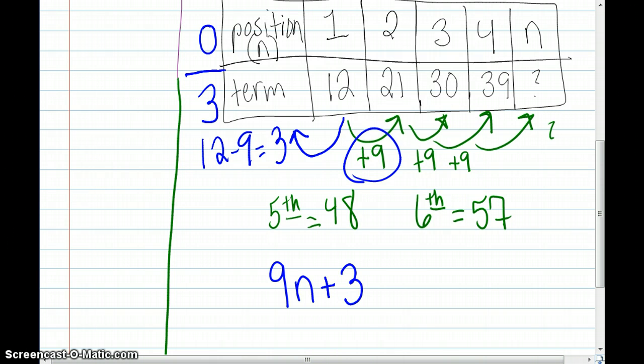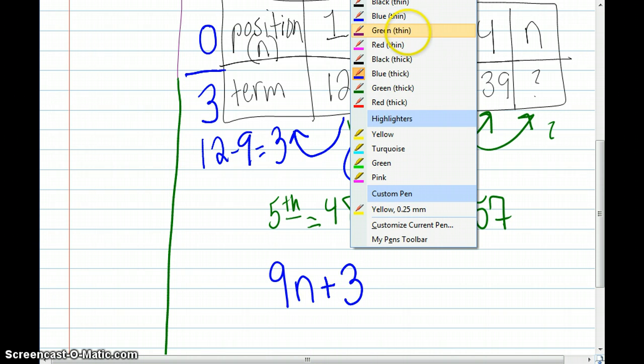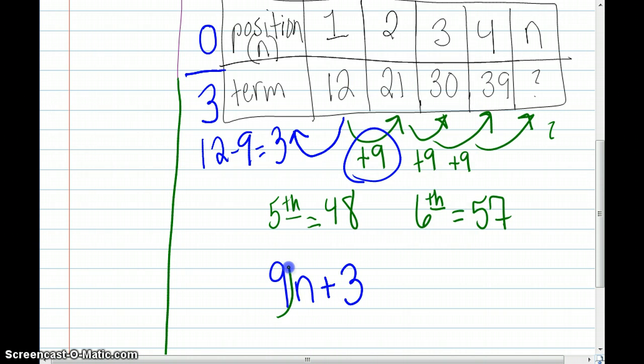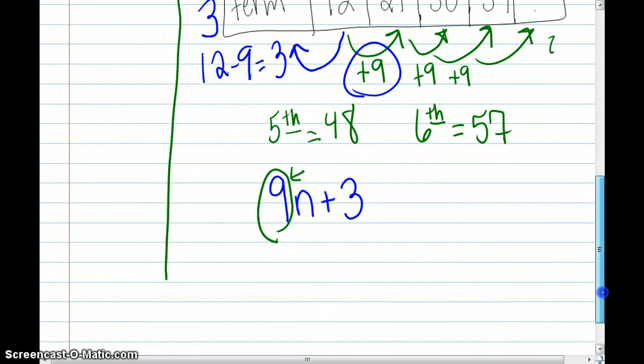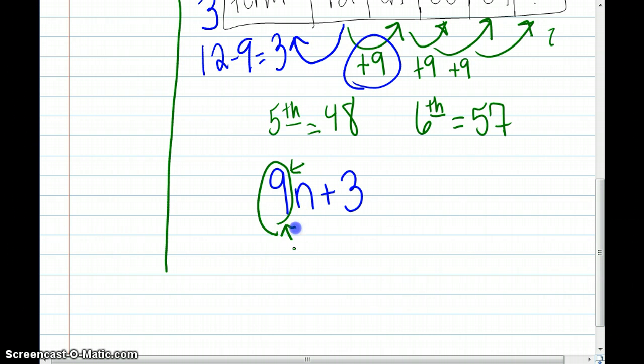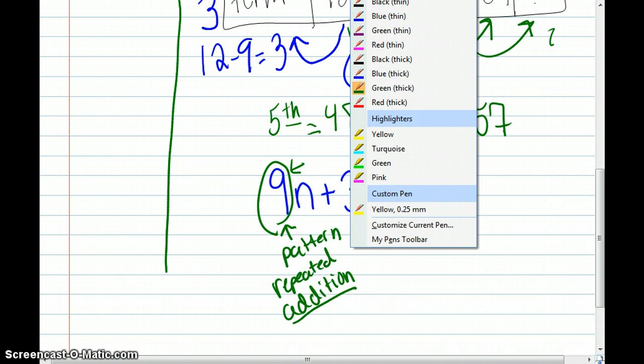Now this number, the 9, is always your repeated addition, or the pattern. The repeated addition, and we're multiplying it because that's what repeated addition is. It's multiplication.